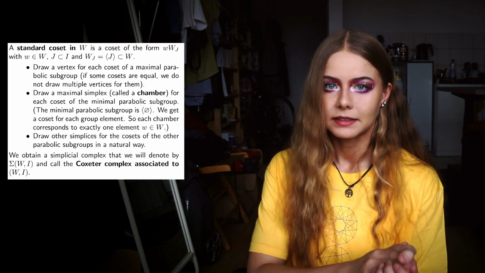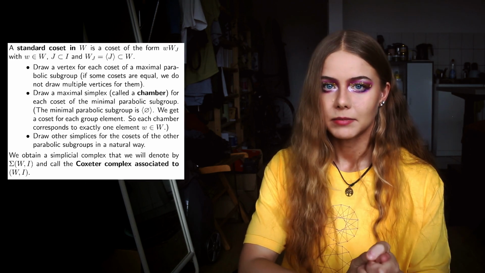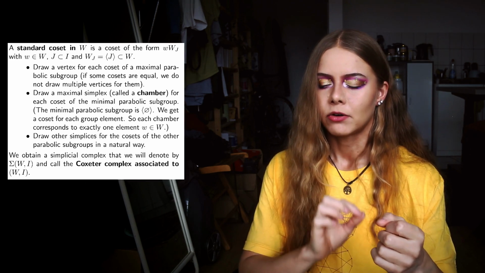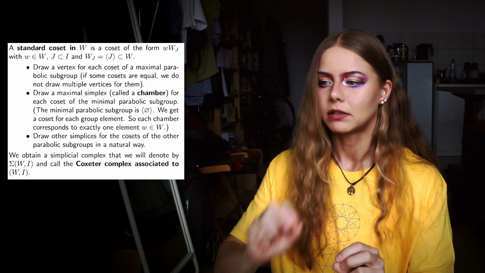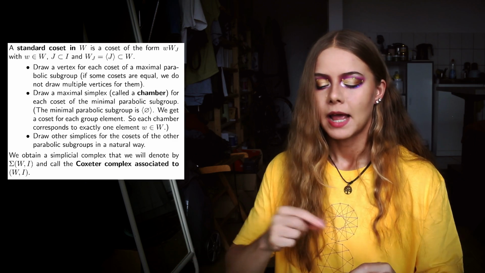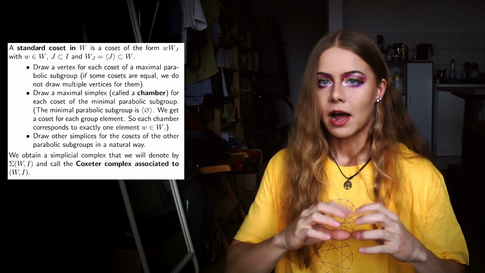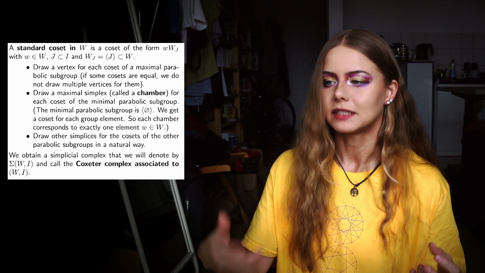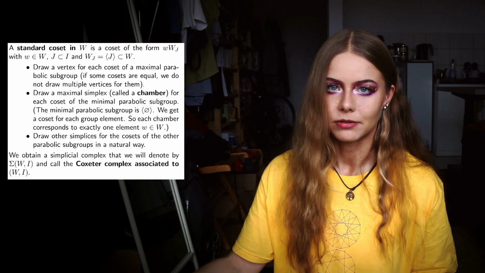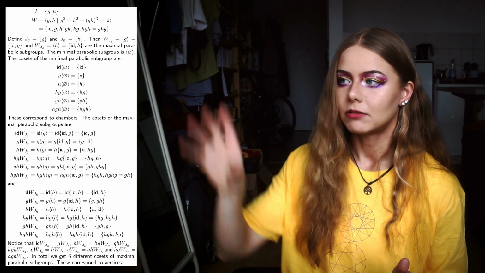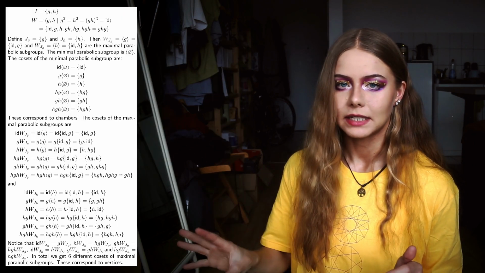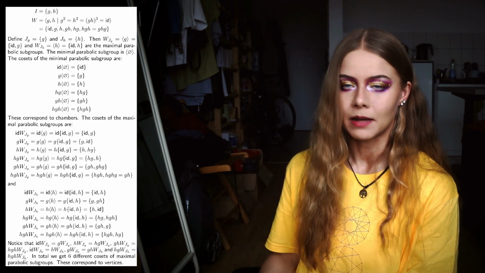So we draw vertices for cosets of maximal parabolic subgroups, we draw maximal simplices for cosets of the minimal parabolic subgroup, and then we draw other simplices for cosets of parabolic subgroups in a natural way. So let's look at our example again. I wrote down the whole list of all cosets of parabolic subgroups for this example.